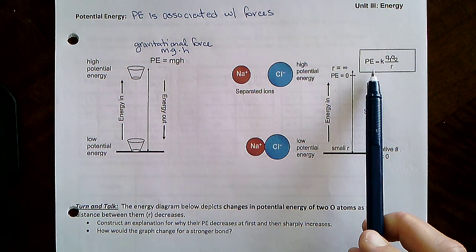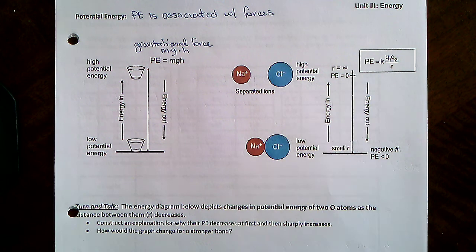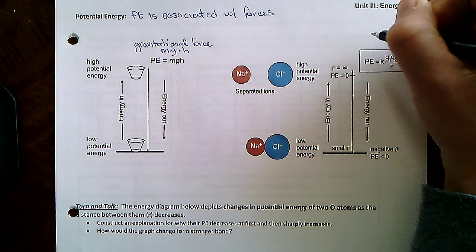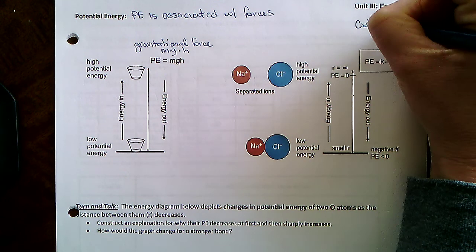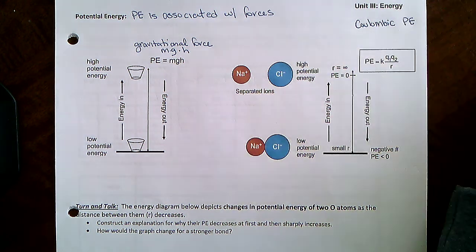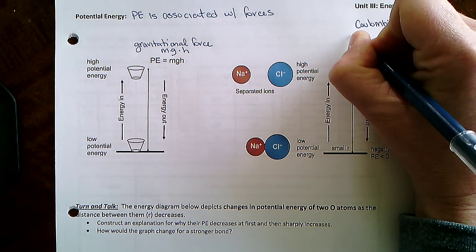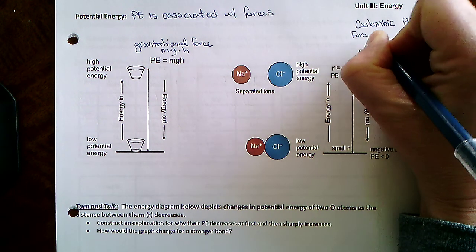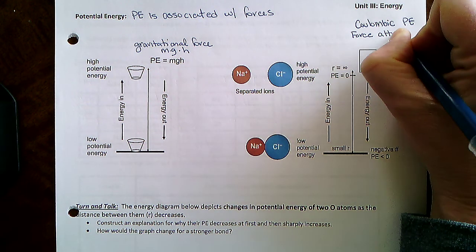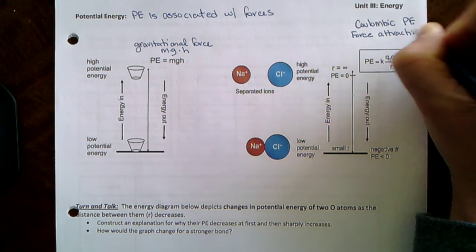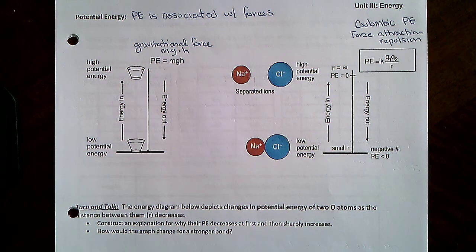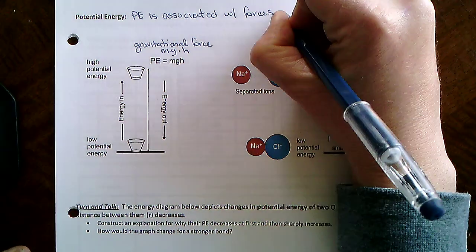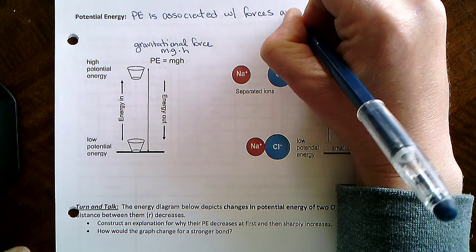When you're talking about potential energy related to forces of attraction, we call that Coulombic potential energy. Right? It's Coulomb's law, because the force that we're talking about is the force of attraction or the repulsion. Okay, so potential energy is associated with forces applied over a distance.